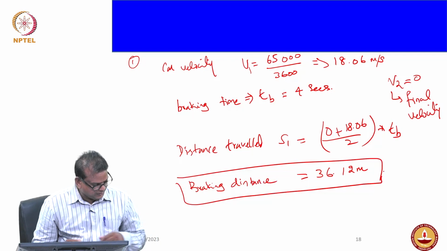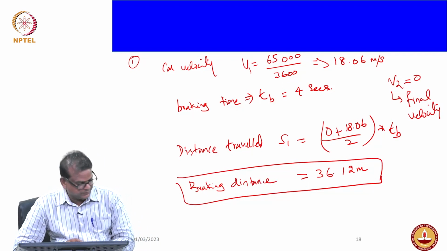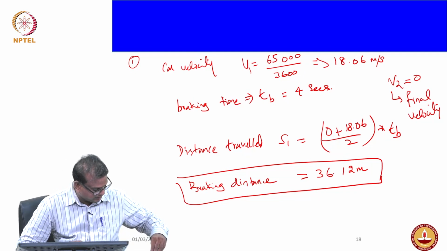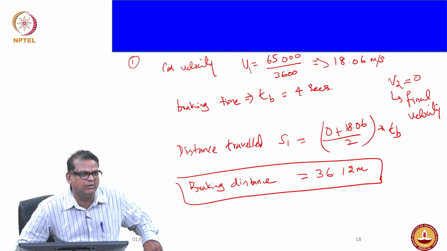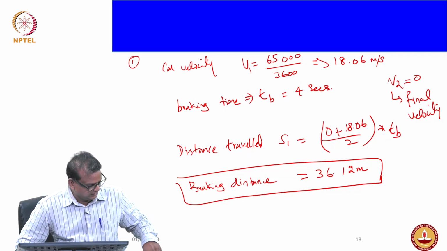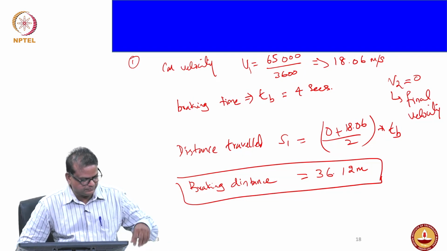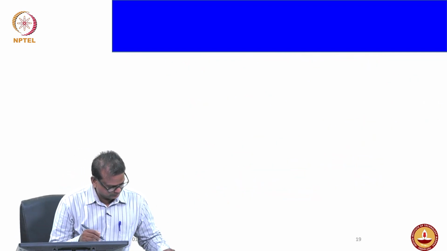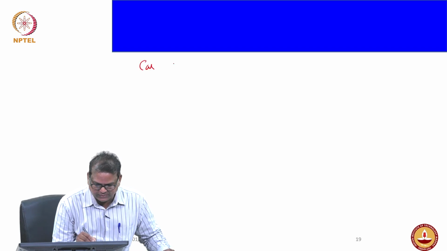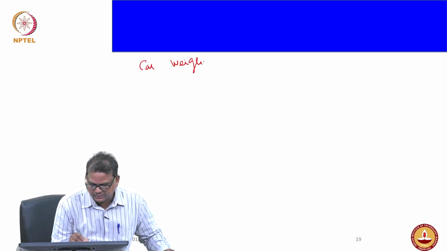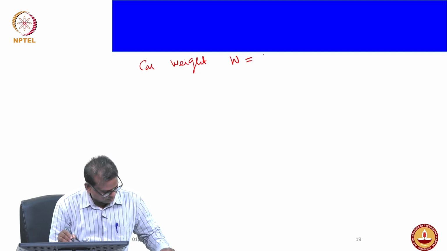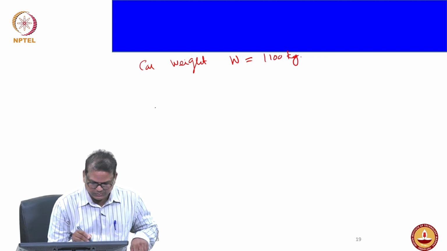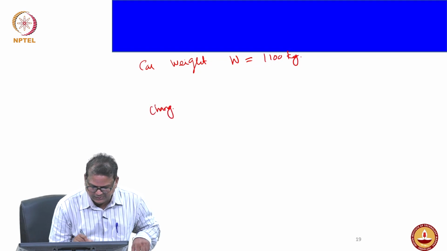Okay. Then we have to find out the kinetic energy. The total kinetic energy, because ultimately we need to find out the energy absorbed by each brake. So the car weight is given, W, 1100 kilogram. So what will be the change in kinetic energy?